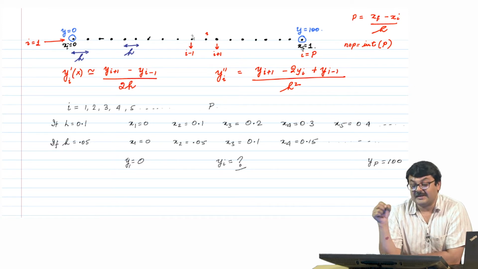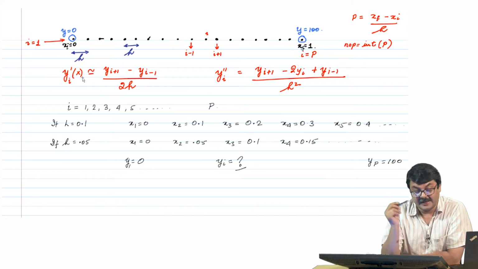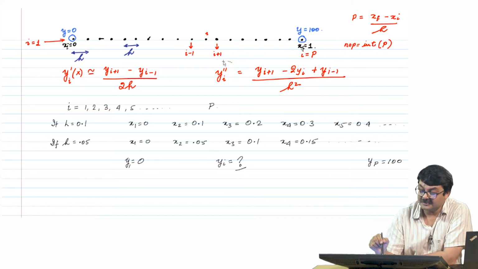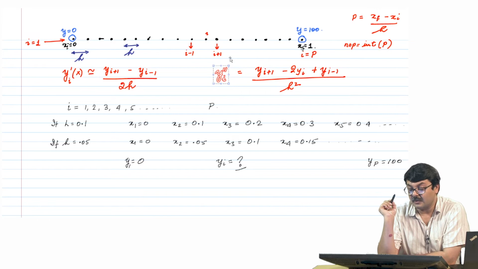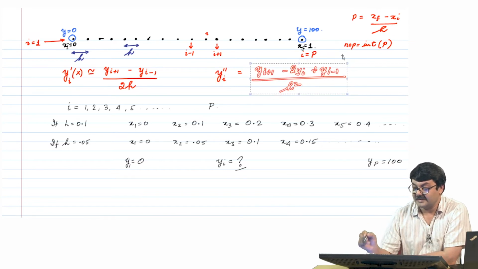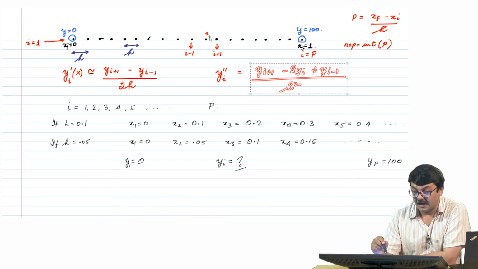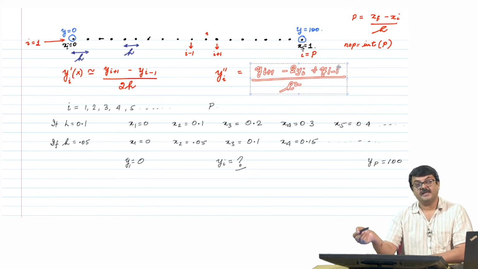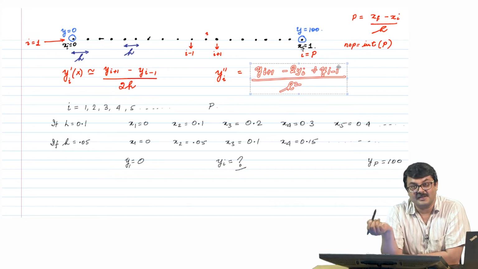But if you knew its neighboring values, then you could write down an expression for y dash, the single derivative. And similarly, y double dash, the double derivative, can be written down as y at i plus 1 minus 2 y i plus y at i minus 1. So, you basically have discrete expressions for the derivatives using the values of y at discrete points in space.